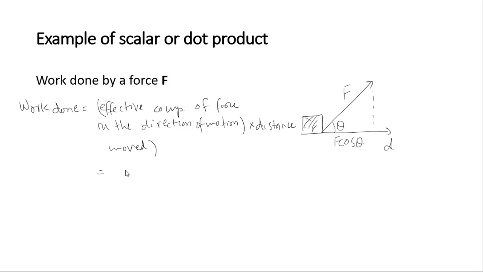For example, F cosine theta is the magnitude of the effective component of force in the direction of motion, times d, the distance. So here this will become F dot d. This work done is an example of the scalar product of force and displacement.